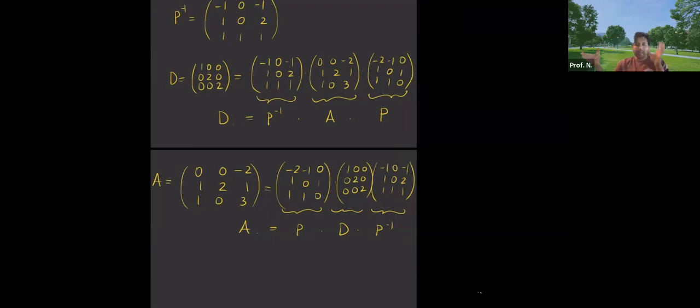When I multiply the matrix on the left and on the right with these two matrices, you get a diagonal matrix, which happens to be the eigenvalues on the diagonal entries. And similarly, I can factorize a diagonalizable matrix as a product of three matrices where the middle matrix is the diagonal and so on.